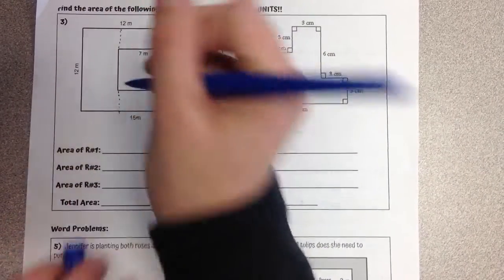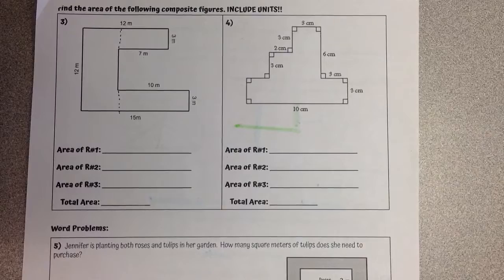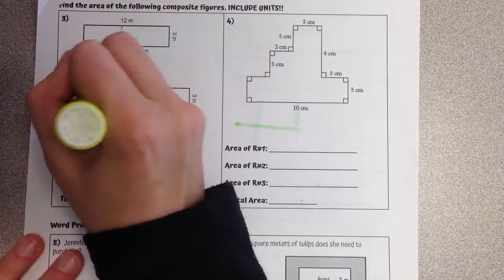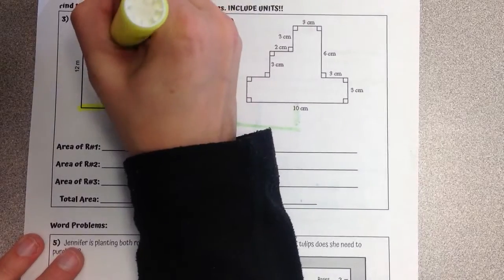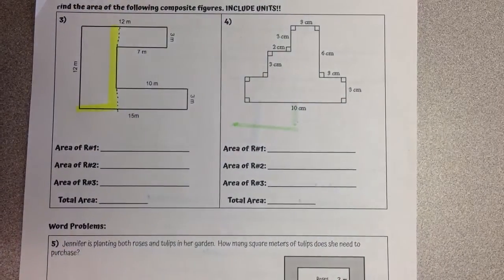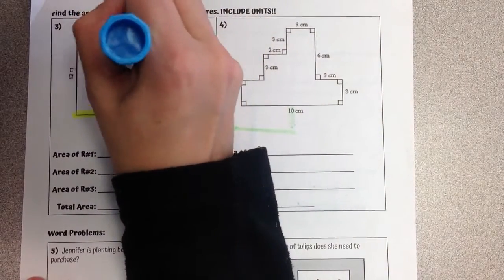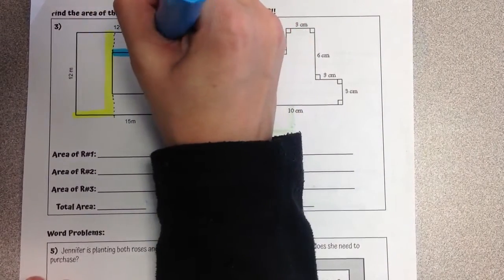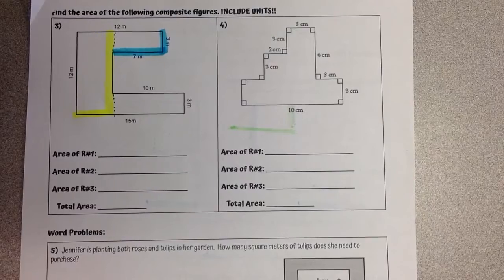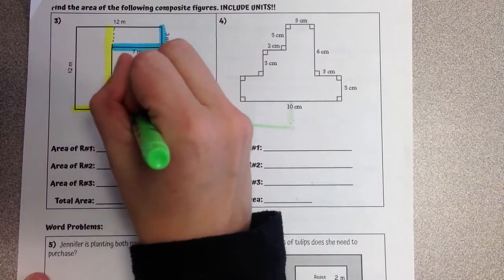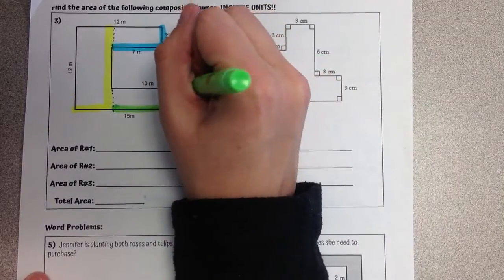So I like that I kind of divided it vertically there. So my first rectangle is the one on the left here. I've got my base here and my height here. My second rectangle is this rectangle up here, base and height. And my third rectangle is this one down here, base and height.